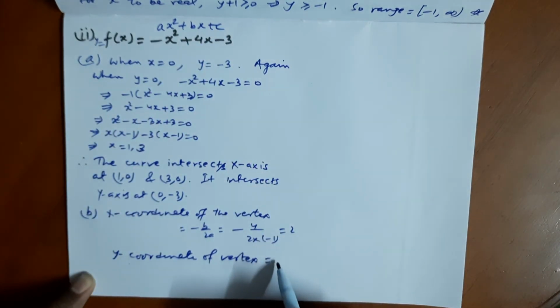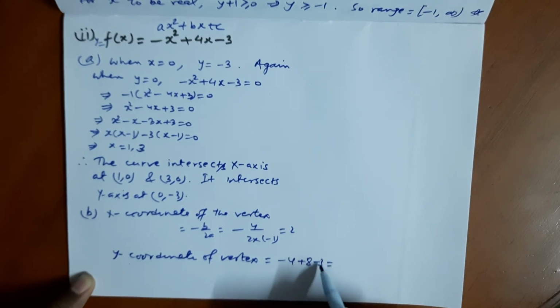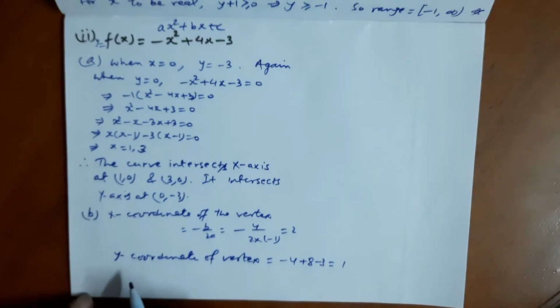That will be minus 4 plus 8 minus 3, that will be 8 minus 7, that will be 1.